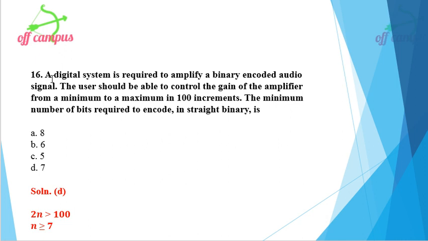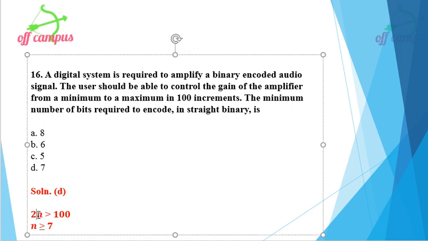A digital system is required to amplify a binary encoded audio signal. The user should be able to control the gain of the amplifier from a minimum to a maximum in 100 increments. The minimum number of bits required to encode in straight binary?